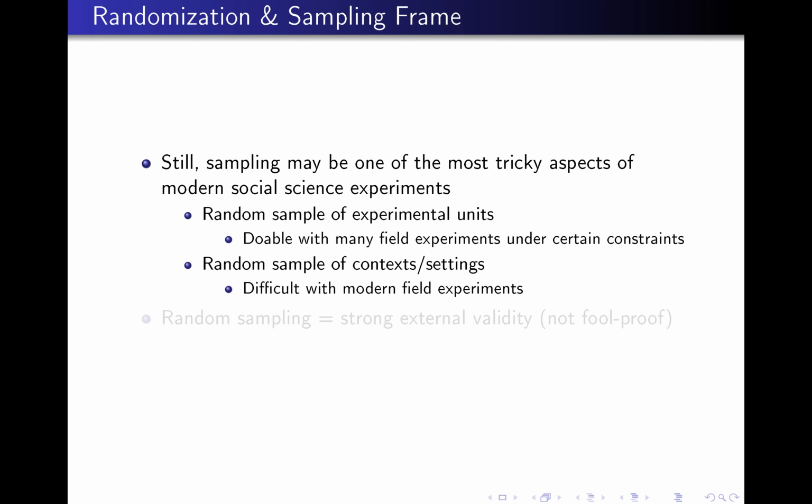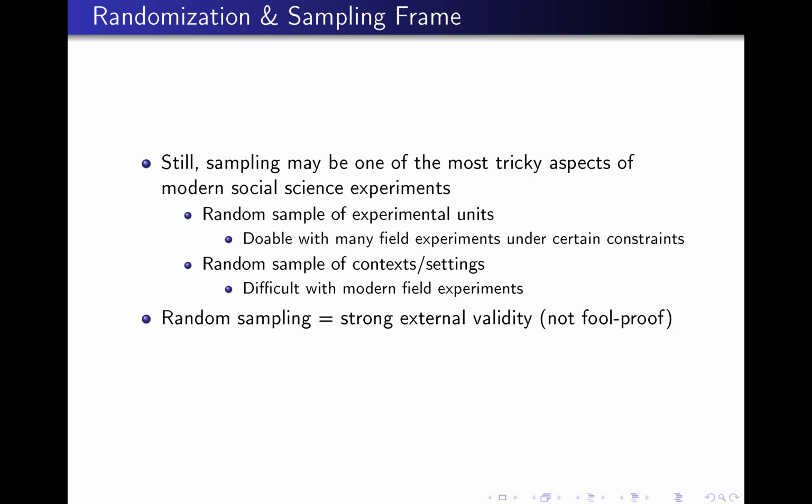The random sample of experimental units is usually pretty easy because you pull whatever you want in whatever fashion, whether you're scraping all the ads and then going through a random number generator to decide what to apply to. But random sampling of contexts and settings, and making sure that you know what you're actually generalizing to, is a good question.